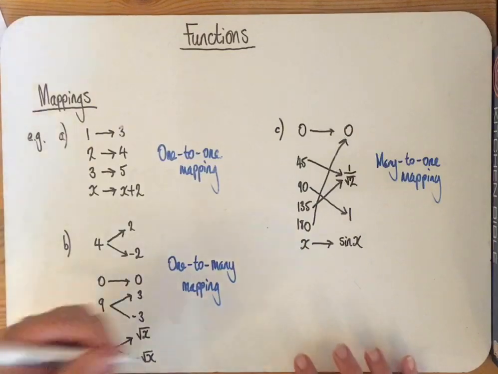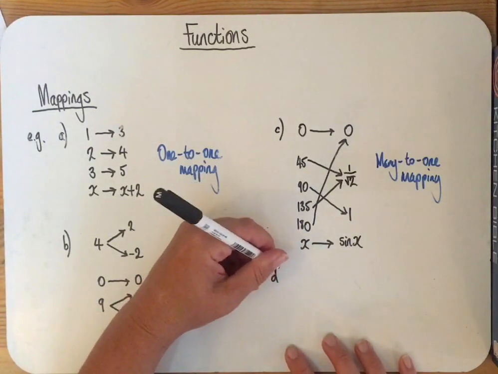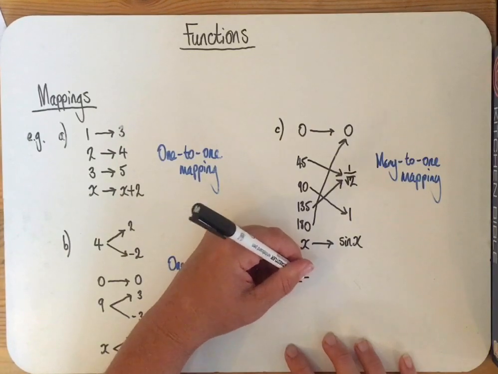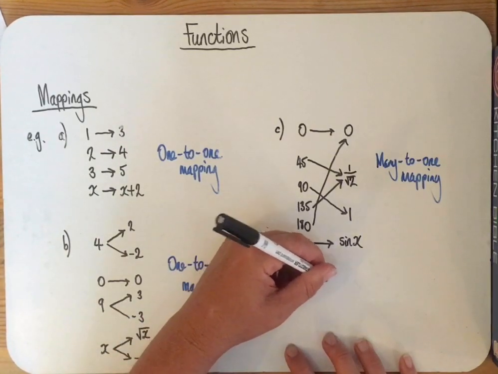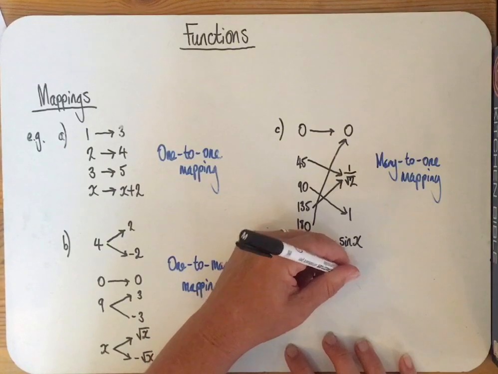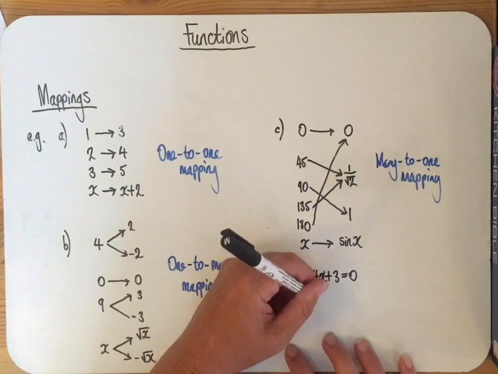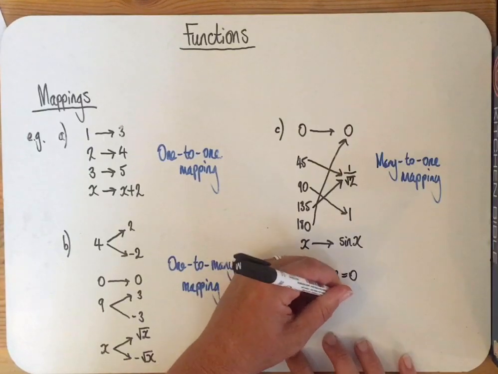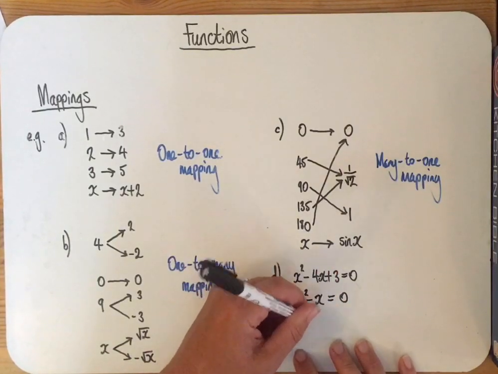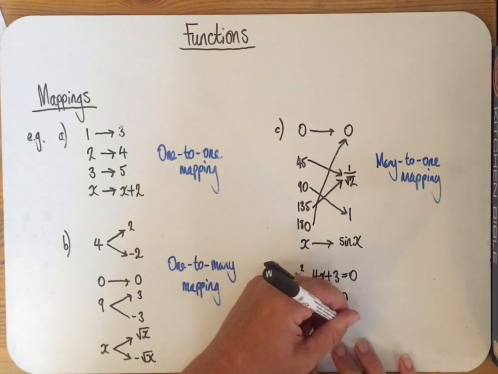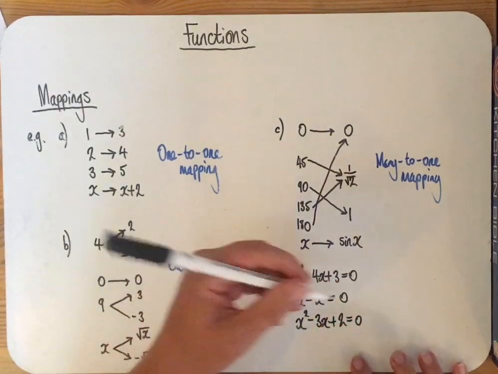And then last but not least, if I put down a few quadratics: x squared minus 4x plus 3 is 0, x squared minus x is 0, x squared minus 3x plus 2 equals 0.